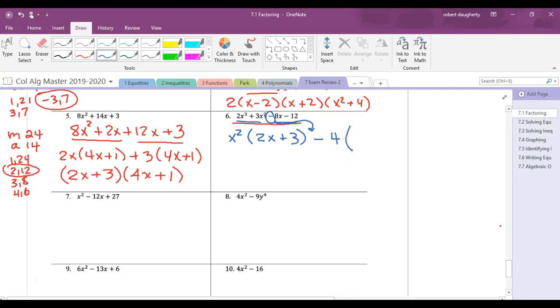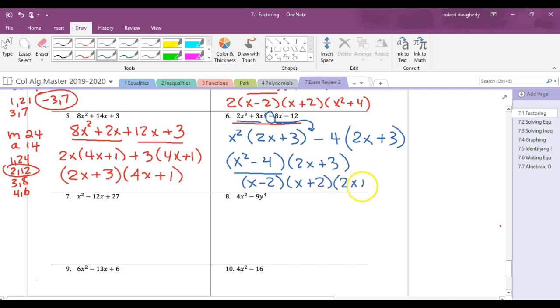So negative 4 times what number equals a negative 8x? That's going to be a 2x. Negative 4 times what number is 12? That's a positive 3. Now I see that I've got x squared minus 4 times 2x plus 3. I'm not done because now I see x squared minus 4 is the difference of two squares. This is x minus 2, x plus 2, 2x plus 3.